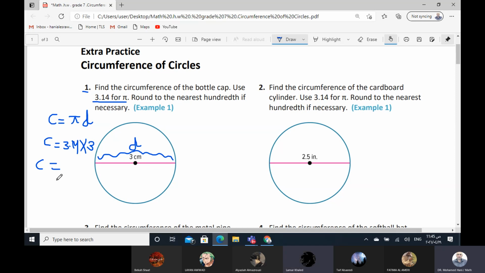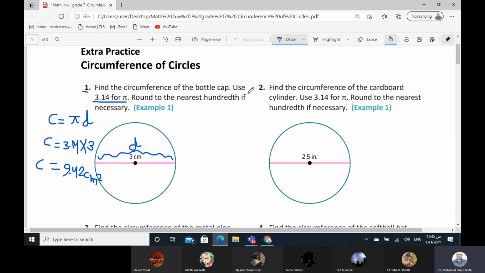Mister, the answer is 9.42. Great. And what is the unit? Centimeter. Just centimeter or centimeter squared? Centimeters squared. Great. Centimeter squared.